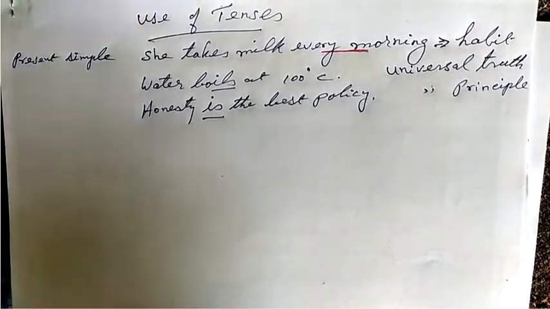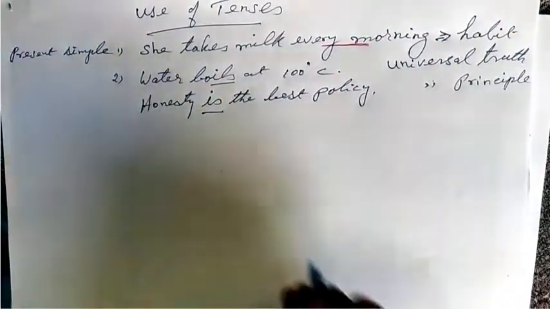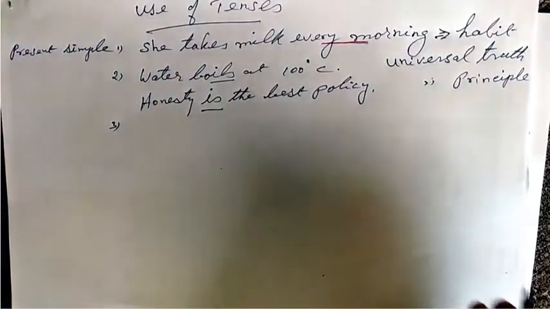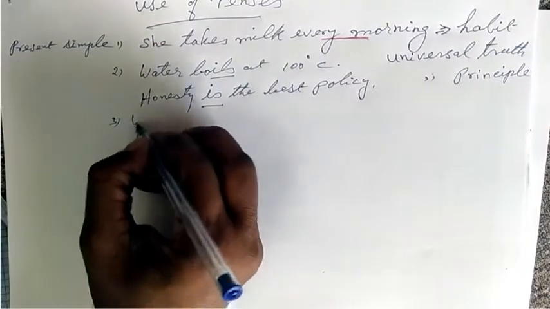Right. Let's go to, this is the first use of it, habit. This is the second use of it. Now I am going to the third use of it. I am writing a sentence again.